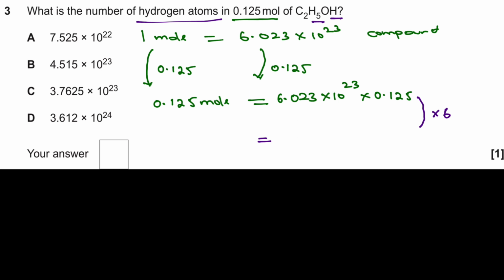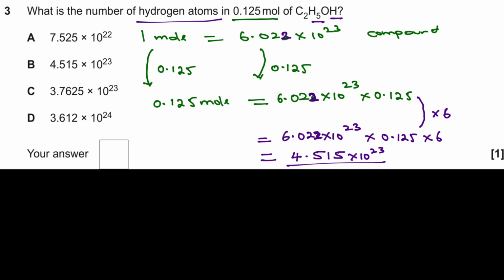The answer I'm looking for will be 6.023 times 10 to the power 23 times 0.125 times 6, and that should be equal to 4.5 times 10 to the power 23 if you use 6.022. That's what you get for the amount of hydrogen atoms in there, and the answer will be B. So you have to put B here.